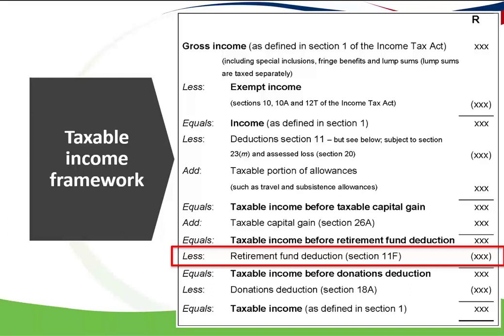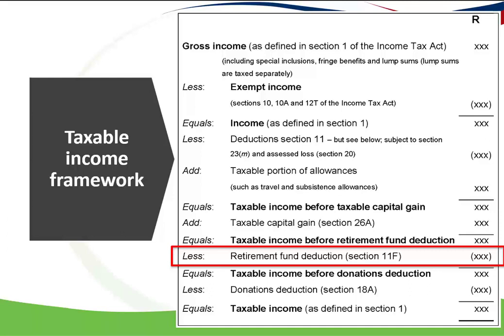So in a longer question, or if you're helping a taxpayer with a taxable income calculation, I just want to remind you again that you will have included all the gross income amounts, exempted any income that is exempt in terms of the specific sections. You would have deducted the other Section 11 deductions and the assessed loss.